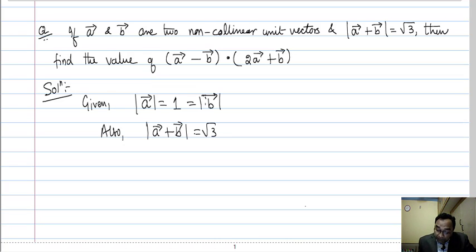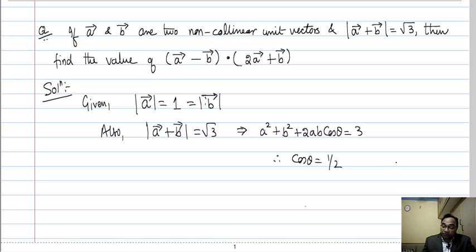So from this given data, by applying the parallelogram law, A square plus B square plus 2AB cos of the angle between them is 3. We know A and B are unit vectors, so cos theta is 1 by 2. This is the conclusion we can draw from the first statement.